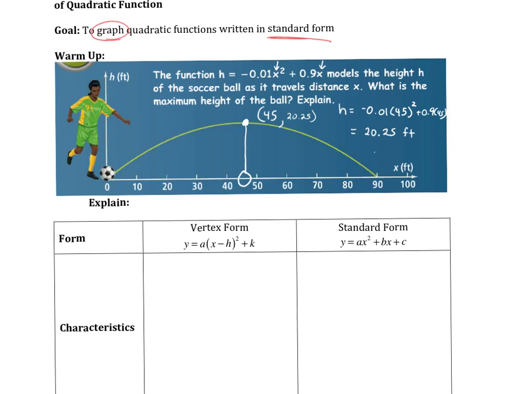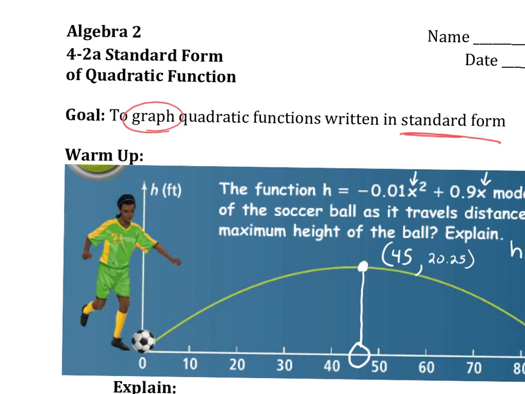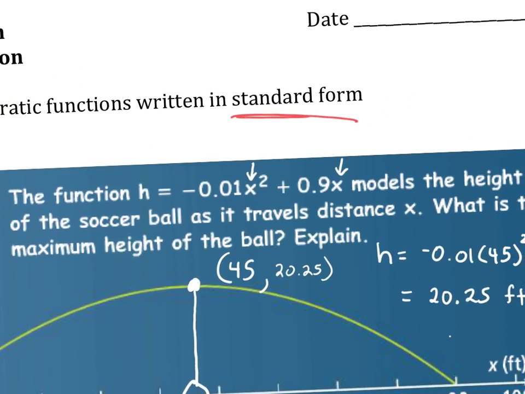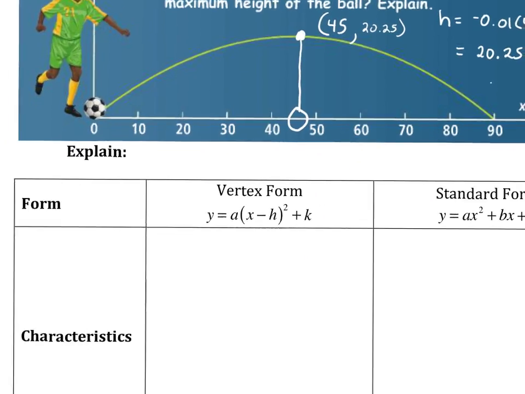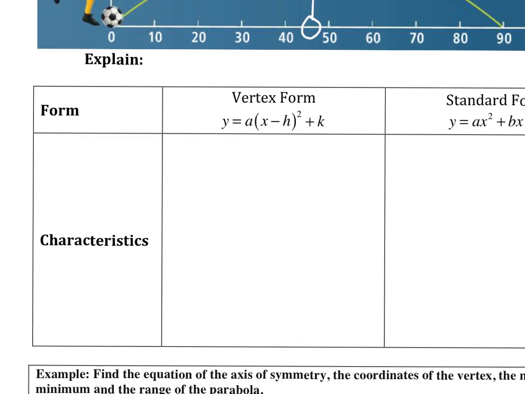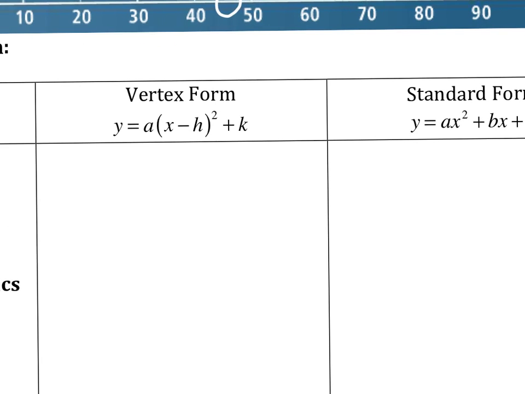Like we said earlier, we are going to spend some time graphing, but graphing will come later. We're just going to learn about standard form. So the first thing we want to do is review and compare the two, vertex form versus standard form. By review, vertex form looks like this: y equals a times (x minus h) squared plus k.